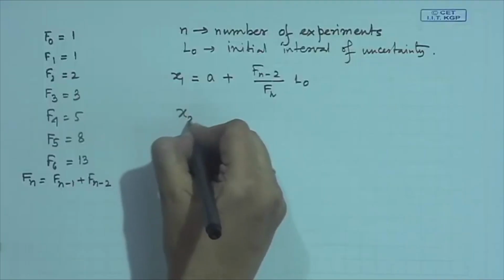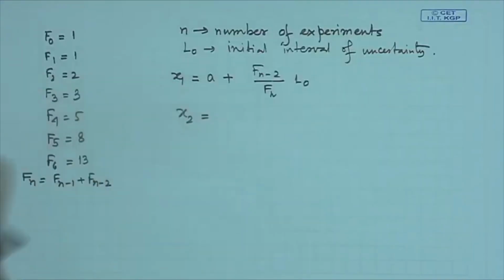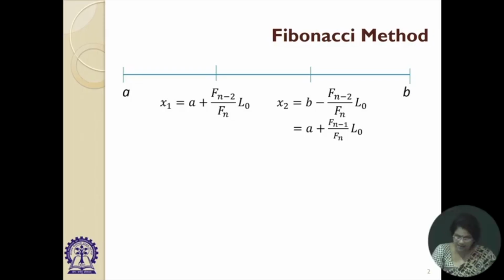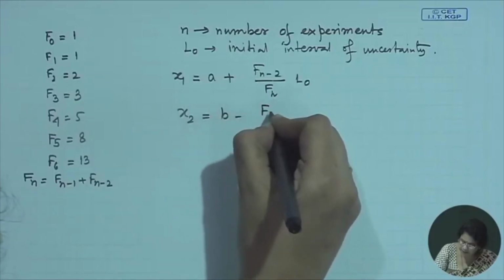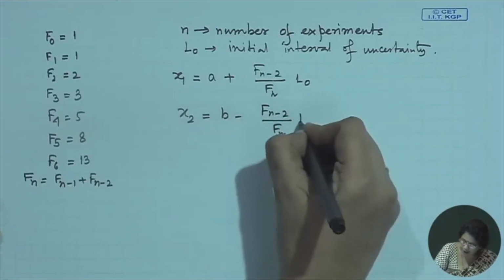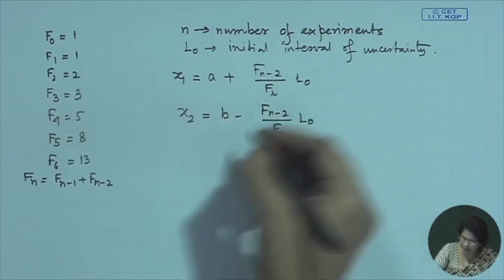I will find x2 equal to b minus Fn minus 2 by Fn L naught. That can be written in another way.